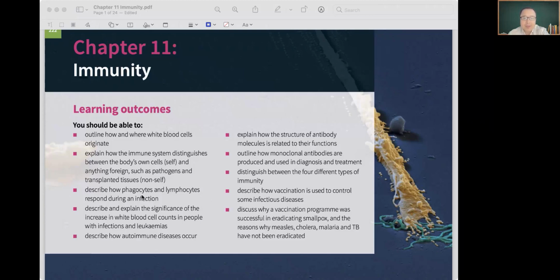But in this chapter we talk about vaccination. The pathogens of measles, cholera, malaria and TB, for example Vibrio cholerae, Plasmodium and Mycobacterium tuberculosis, are foreign pathogens to the human body.